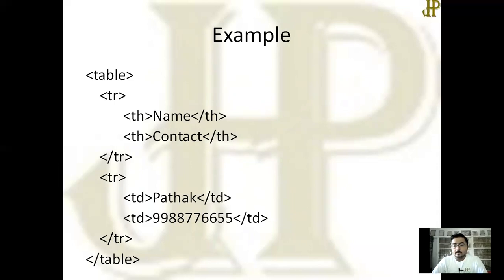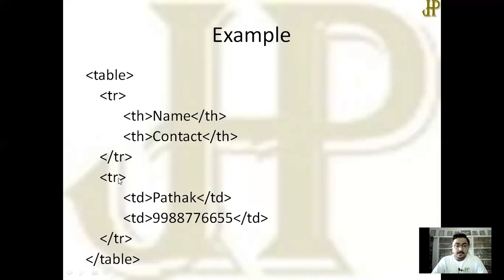Clear? Okay. Now, the first row I am going to represent as a heading. So what is to be done? I have to include the TH tag. And here I have given the column names. So the first column name is name, the second one is contact.